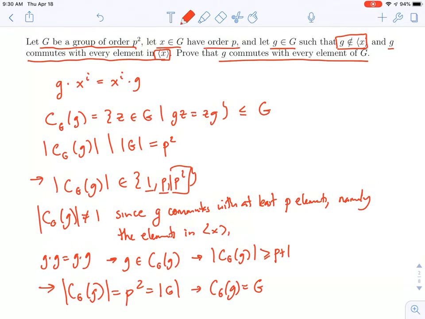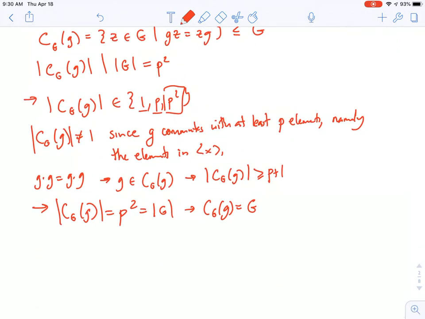Now, a little footnote to this video. This is actually going to be very useful when we prove that every group of order p squared is abelian. And I'll outline how that works here.